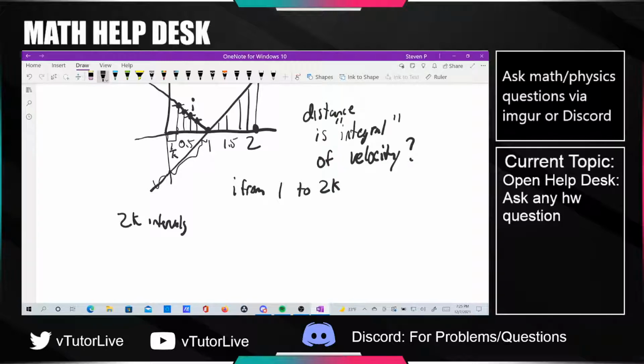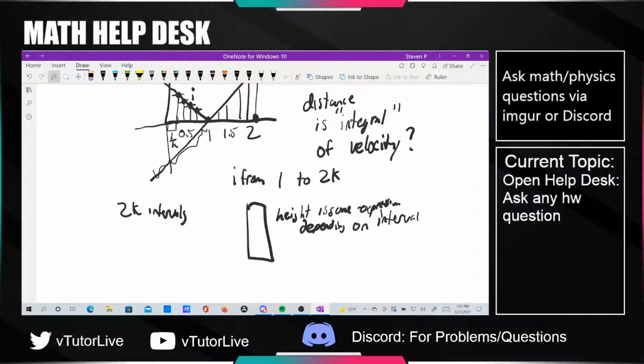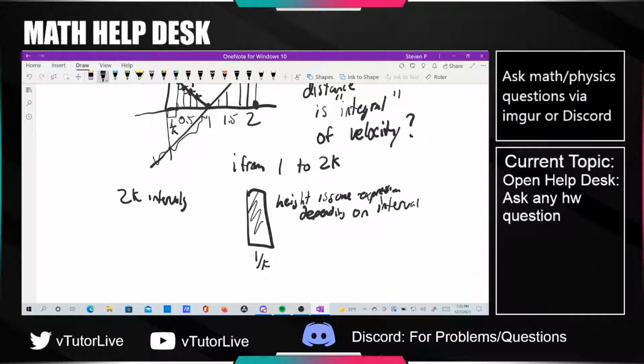You already calculated the height, so just multiply by the width of the rectangle, which is, what, 1 over k? So the height is some expression depending on the interval. And you can use a counter variable like i or c, or whatever variable you like. But I think the width is just going to be 1 over k, right? Because there's 2k intervals, and the total length is 2, so the width is 1 over k. So just multiply together to get the area, right?